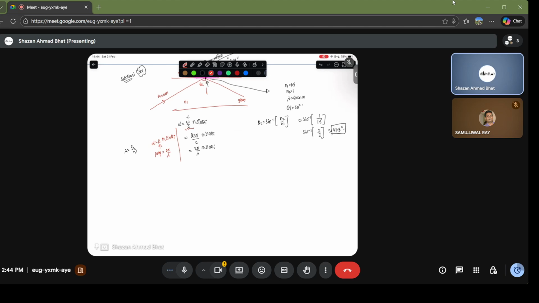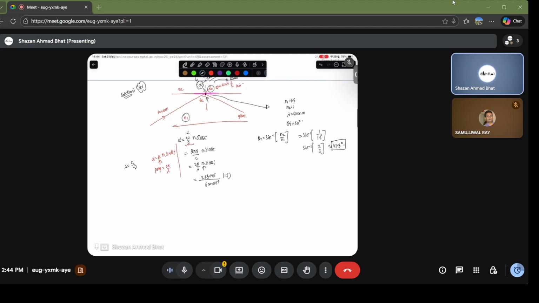Okay, and once you have it, you just need to put in the values: 2 pi into 3.1415 over 600 into 10 to the power minus 9. You have n1 as 1.5. Remember, this n1 is for the glass, not for the air. Don't get confused here. Most of the time, students take this as n1 and this as n2, which is absolutely wrong.